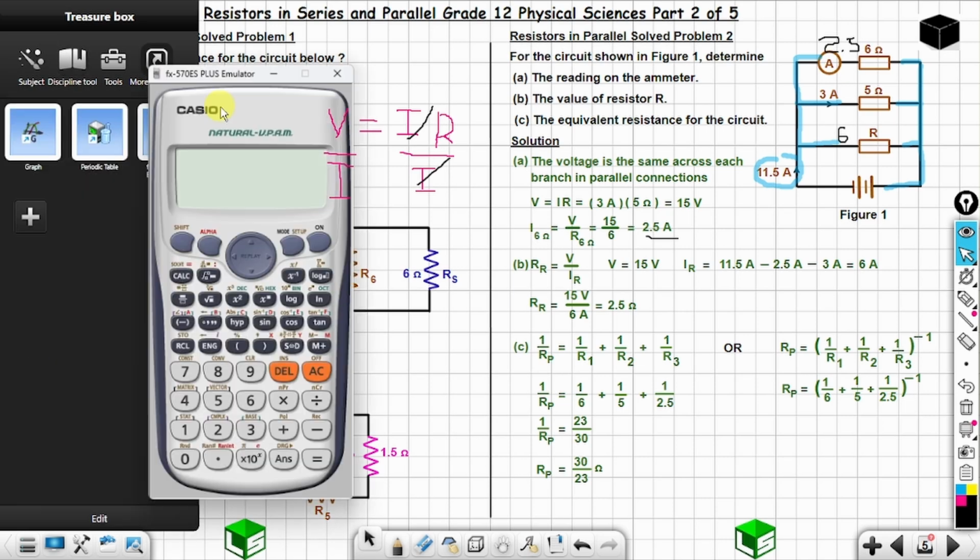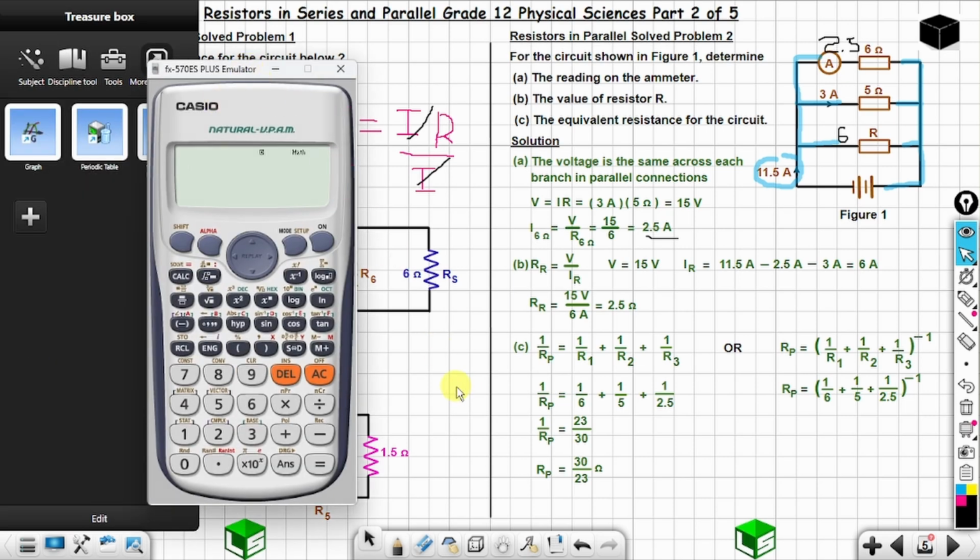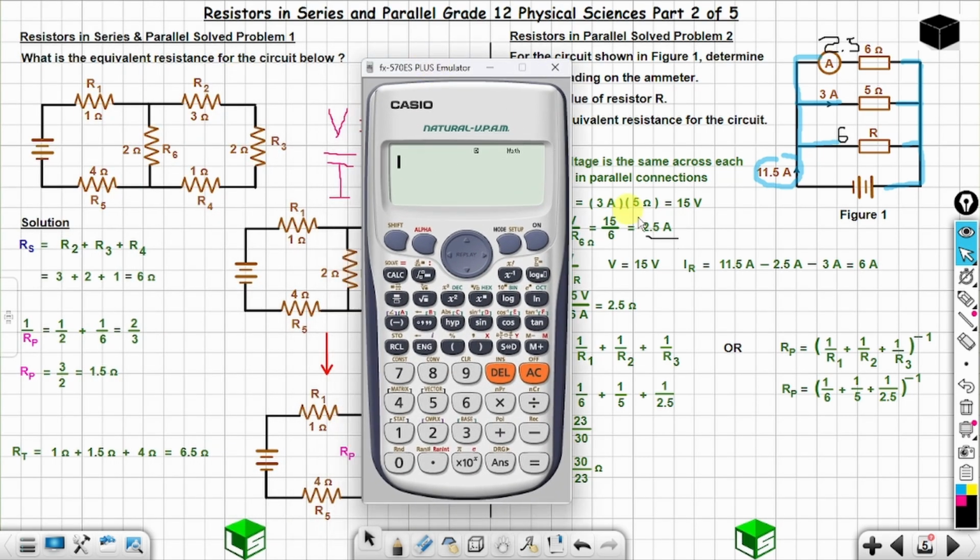Using the calculator, you have 1 over 6 plus 1 over 5 plus 1 over 2.5, to the power of -1.